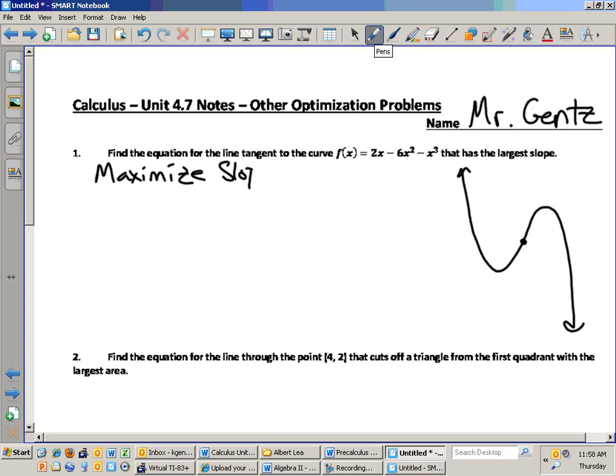slope. Or in other words, if you're trying to maximize the slope, you're trying to maximize the... We find the slope by finding the derivative. Want to maximize the derivative. Okay? What is the derivative?